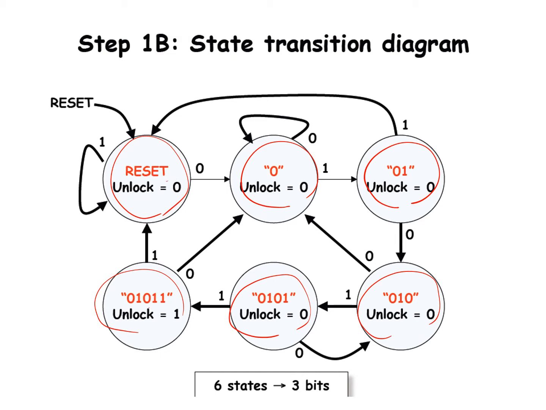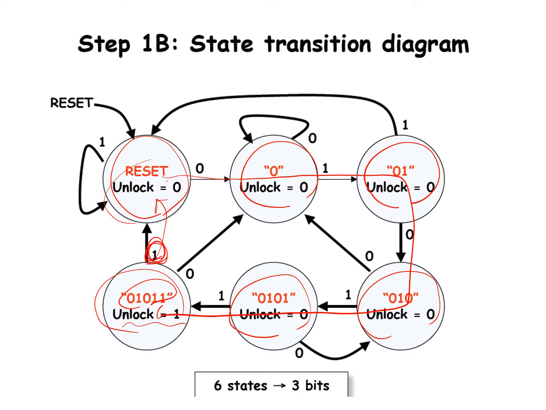As we move from left to right and then down and left, all the keys are properly entered. Once that happens, we generate the unlock signal as activated, and then go back to the reset state.